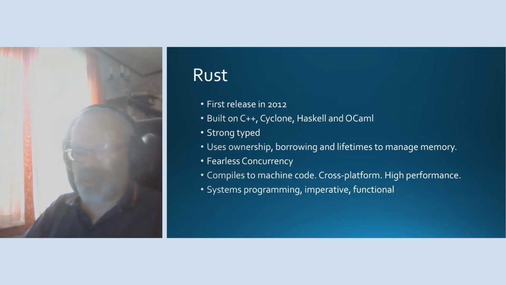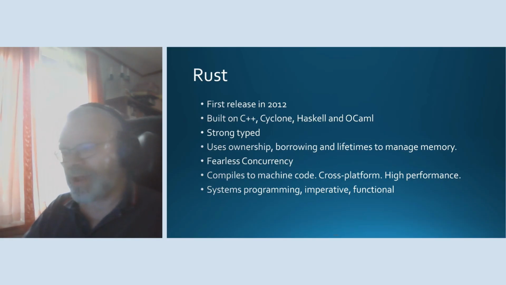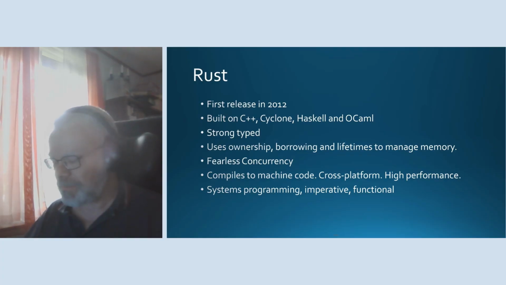Rust says we have fearless concurrency, and that is supported by the memory management model. Rust compiles to machine code, it's cross-platform, it's high performance. It's mostly used for system programming, and it's an imperative functional language.